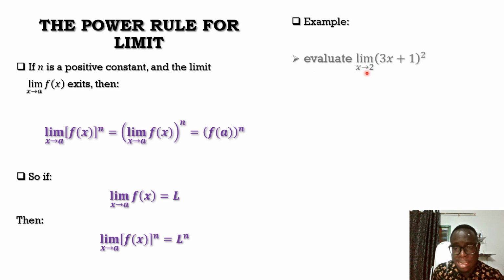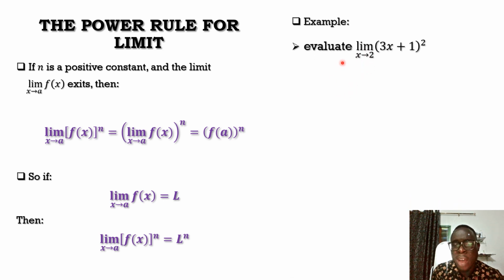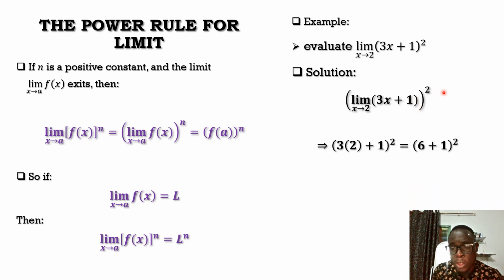Let's look at an example in this section. We have to evaluate the limit as x approaches 2 of 3x plus 1, all to the power 2. So here the power rule is such that we are going to find the limit as x approaches 2 of 3x plus 1, all raised to the power 2. How do we find the limit, the approximate number, as x gets closer to 2?